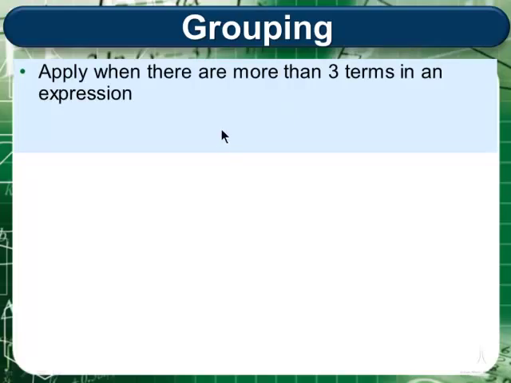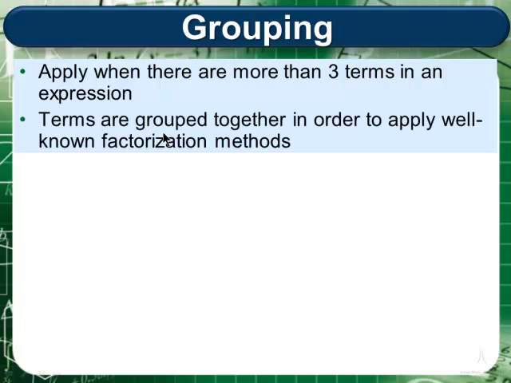Let us consider the second technique for factorization, namely grouping. In this case, we apply the technique when there are more than 3 terms to be factorized, normally 4, in an expression. And the terms are grouped together in pairs, normally, in order to apply well-known factorization methods.